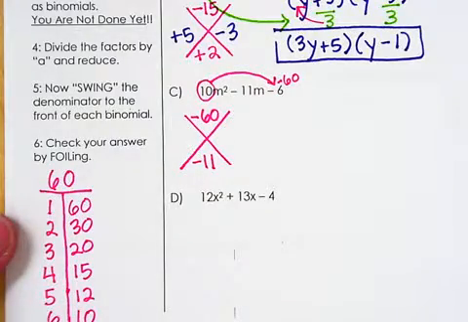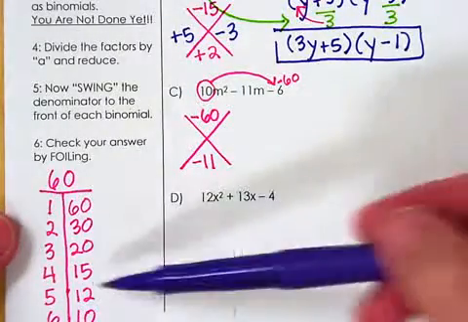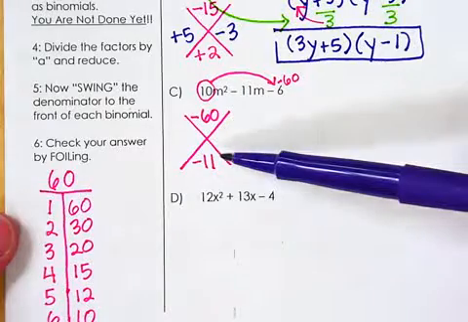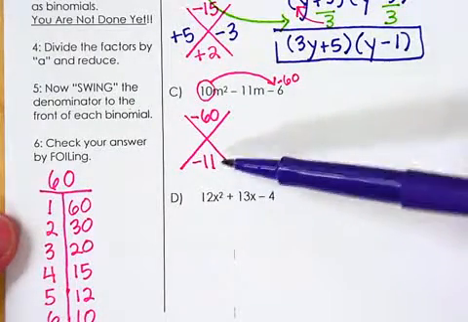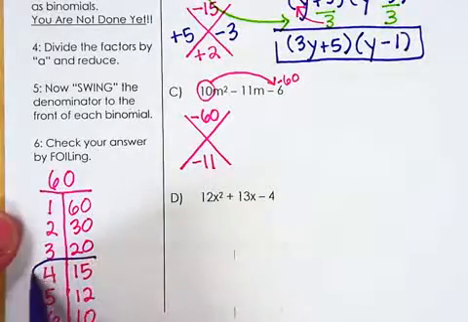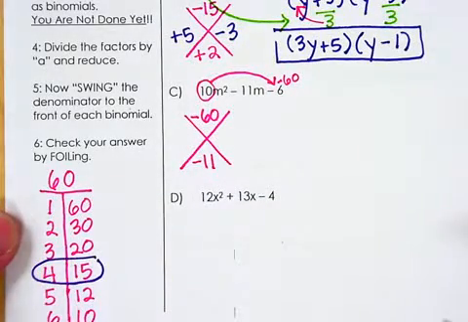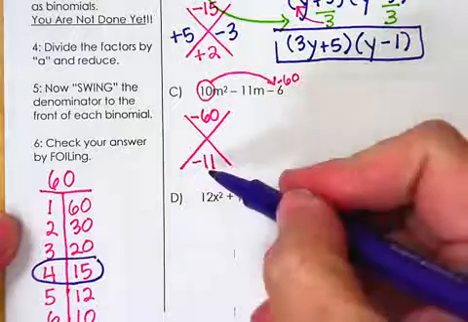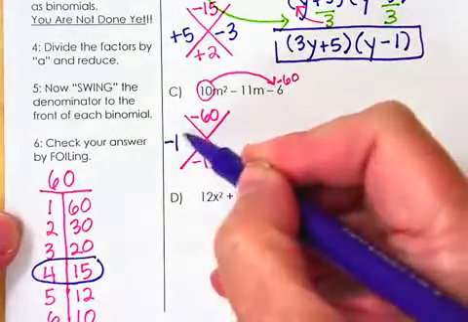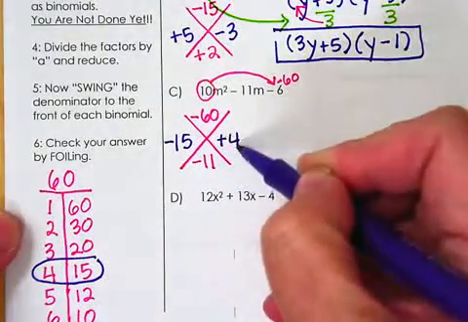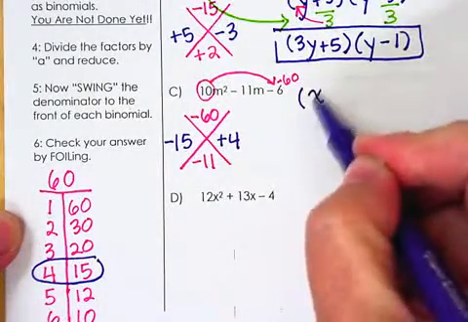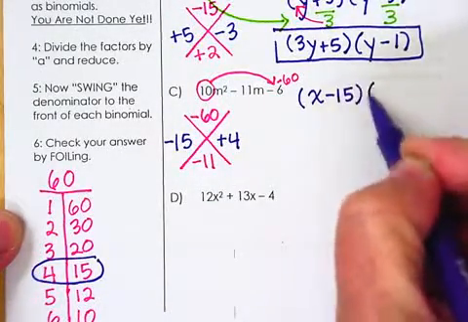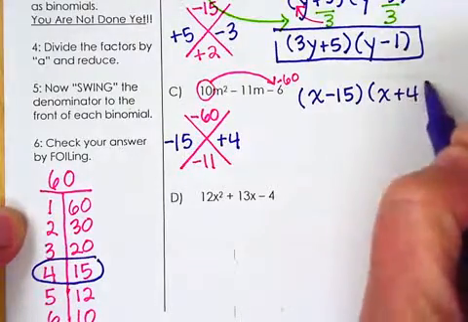So when I look at this pair, I'm looking for a pair that technically will subtract to become negative 11. So yeah, that pair is 4 and 15. So in order for them to subtract to become negative 11, I need a negative 15 and a positive 4. So we're going to list those here. X minus 15 times x plus 4.